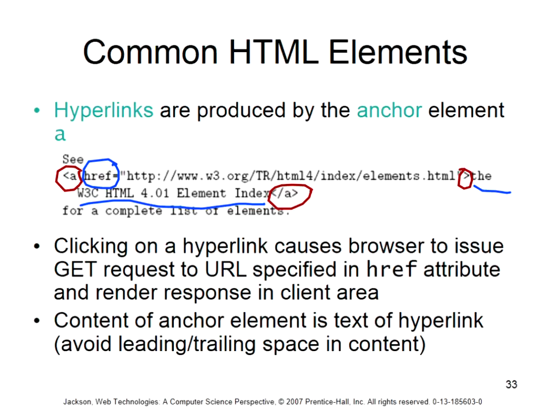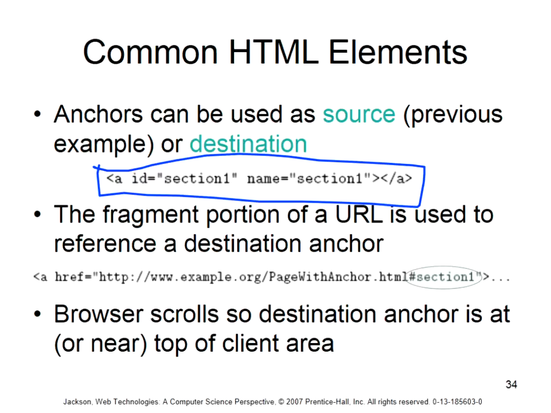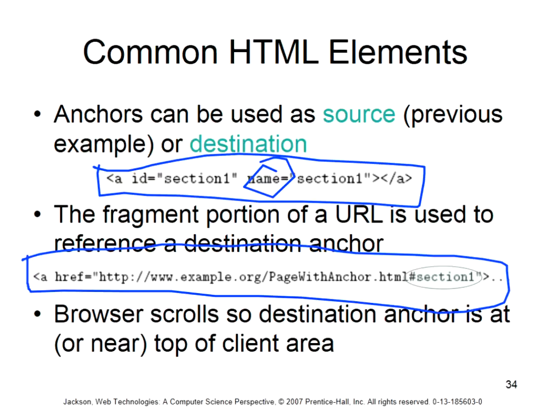After that, we make the end of A. But in the internal link, we will use A with name and A with href. So I will explain how we can create links using an example.